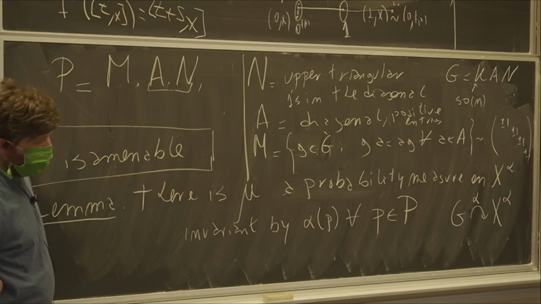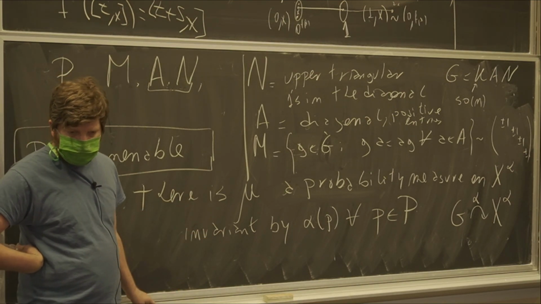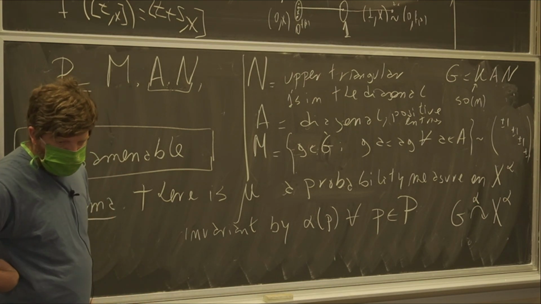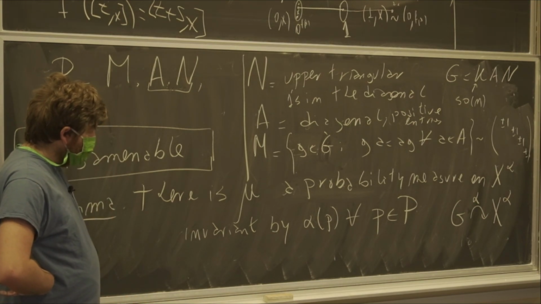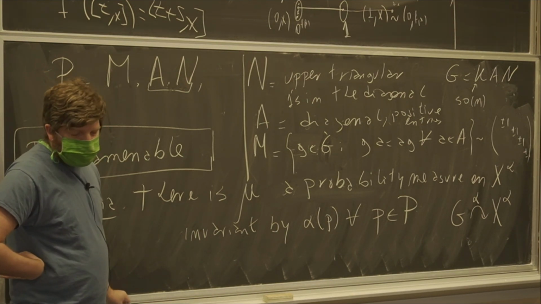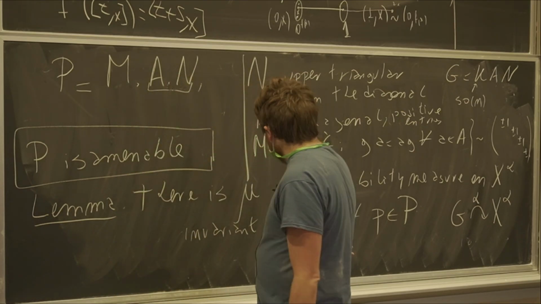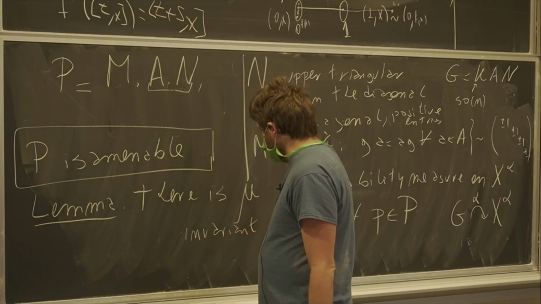I would like to have it ergodic. I will say a bit about ergodicity in a second. It's not really an important condition. It's needed, but it's not really the most important thing here in this construction.